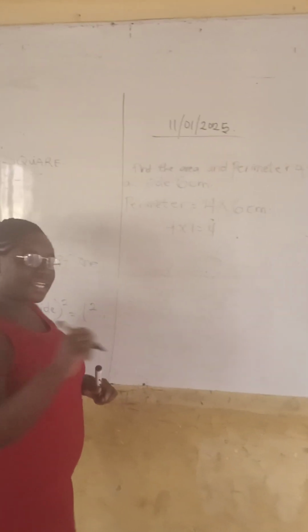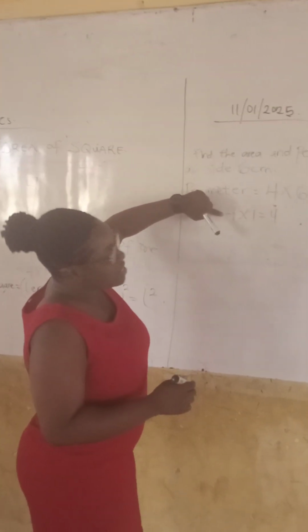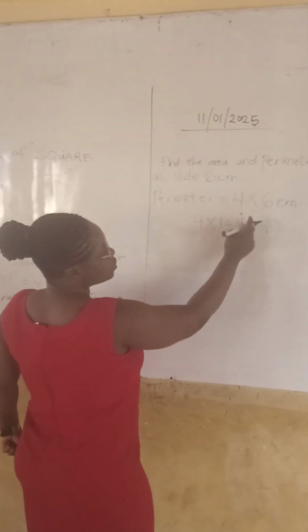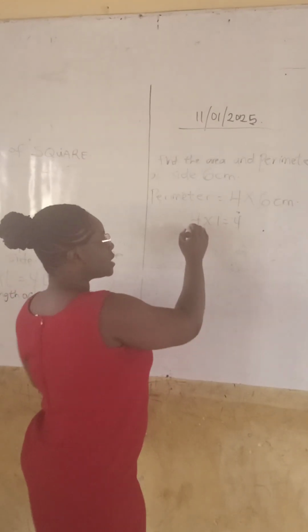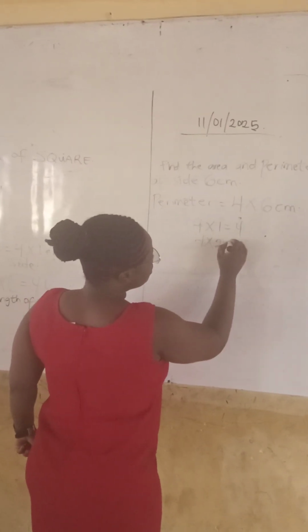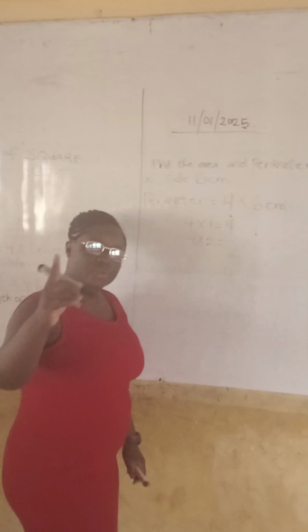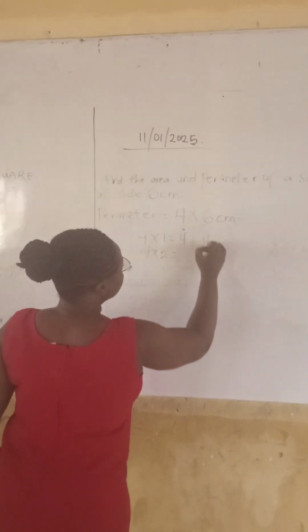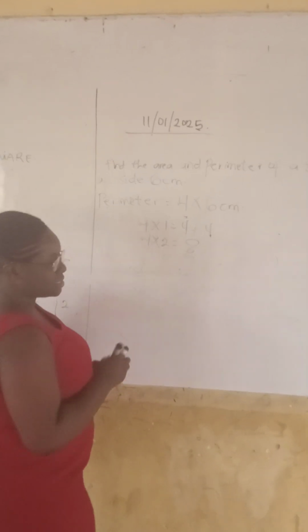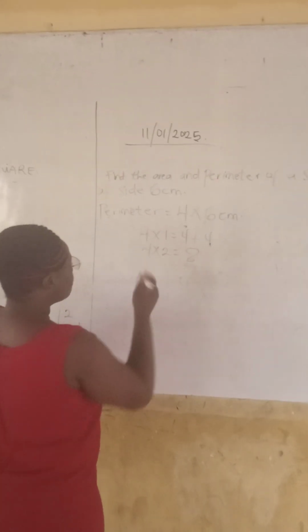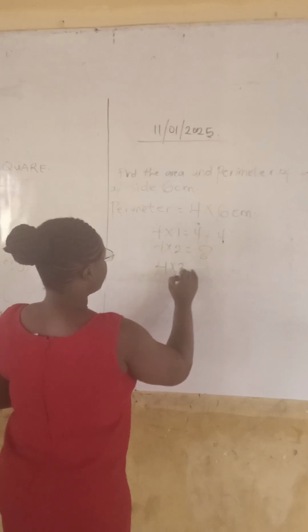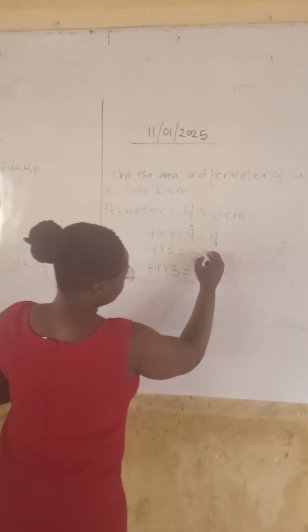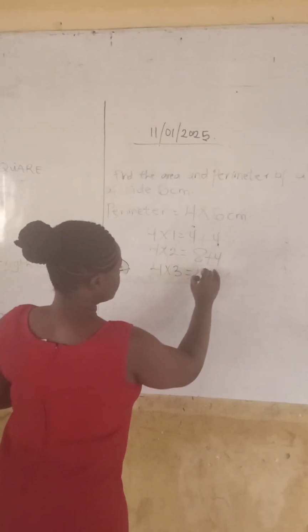With repeated addition, we add 4 to this 4 to get 4 times 2, which gives us 8. And 4 times 3, we add 4 to the 8, which gives us 12.